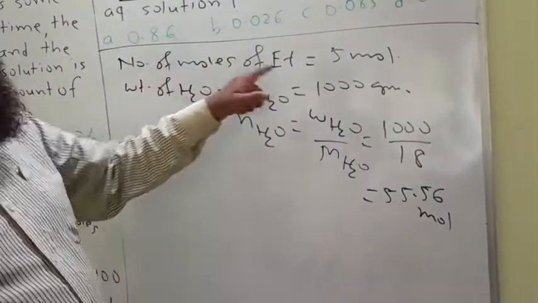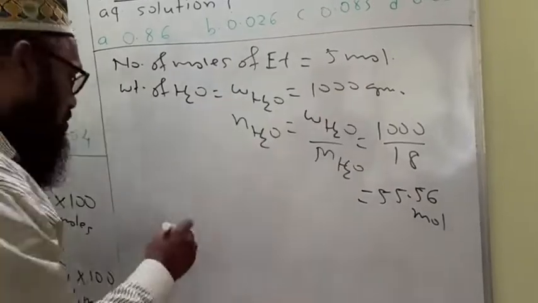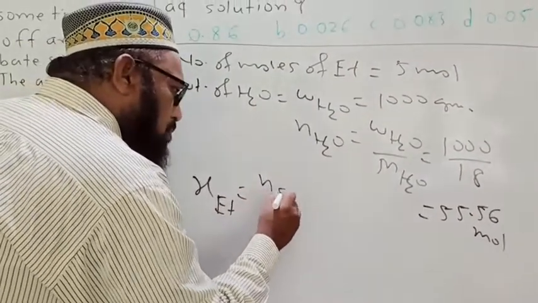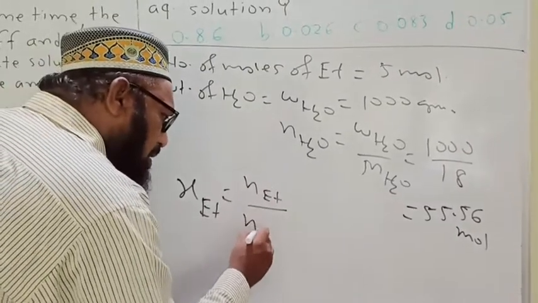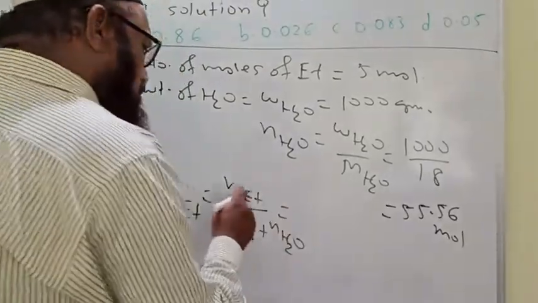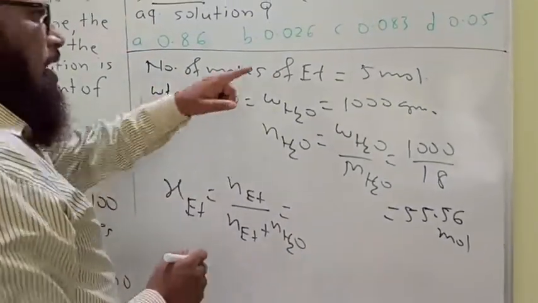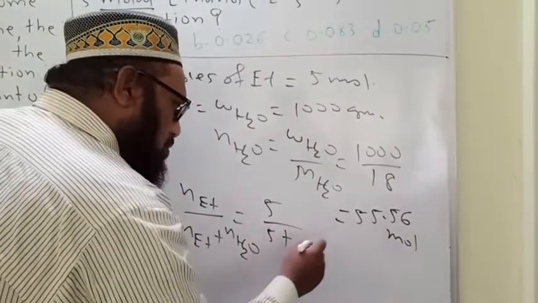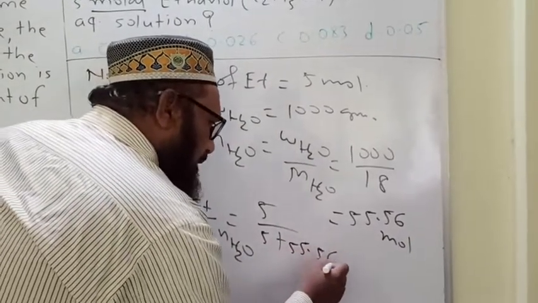55.56 is the number of moles of water, and the number of moles of ethanol is 5 mole. Then the mole fraction of ethanol is equal to number of moles of ethanol upon number of moles of ethanol plus number of moles of water, which is 5 upon 5 plus 55.56.